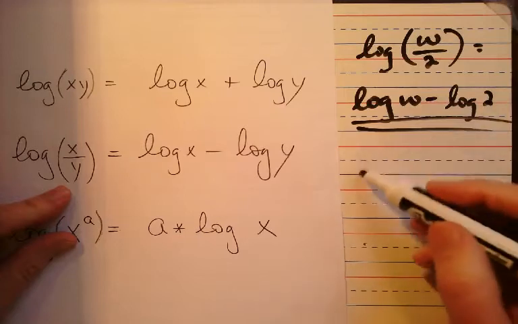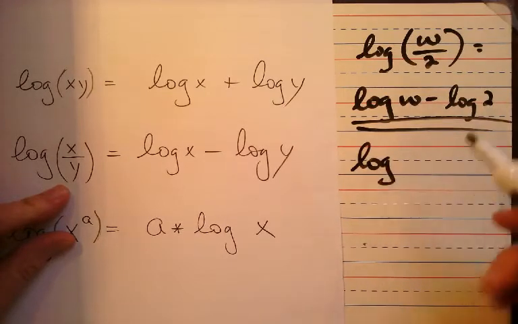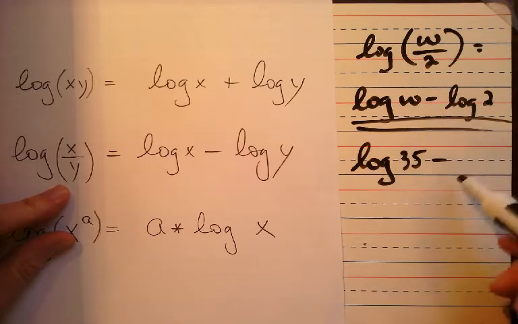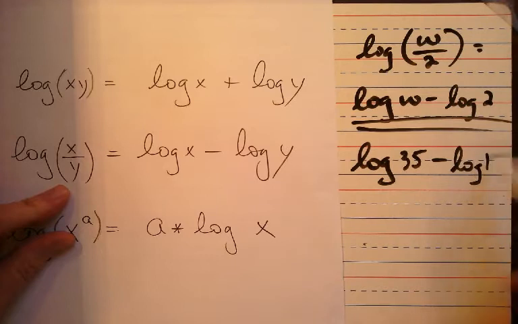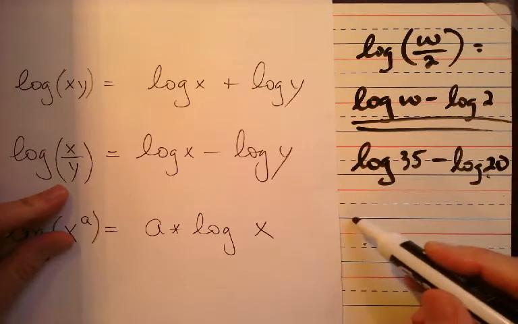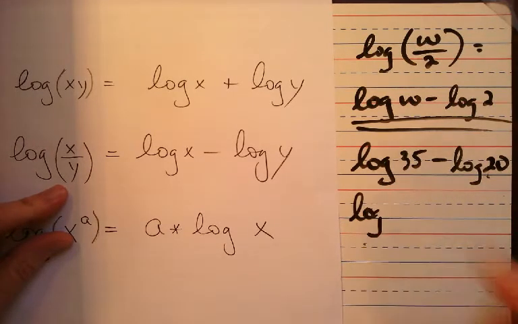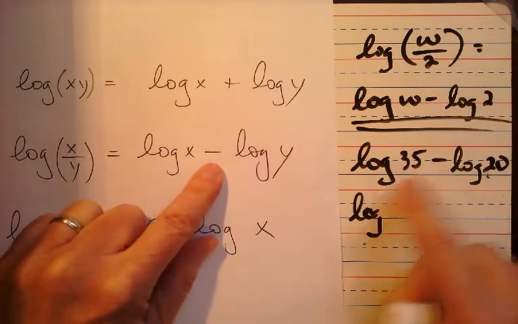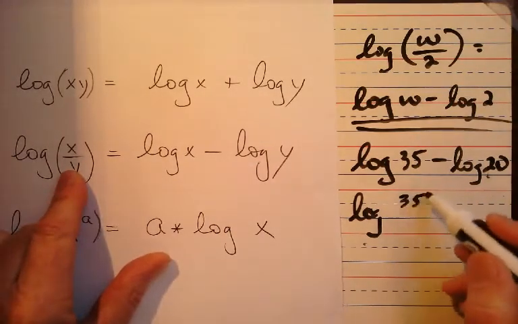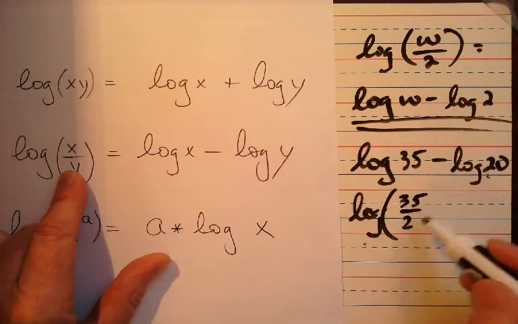So what if I started with the log of 35 minus the log of, say, 20? Well, what is that? That's easy. Because subtraction, if you have two logs that you're subtracting, that means you're really dividing 35 by 20.